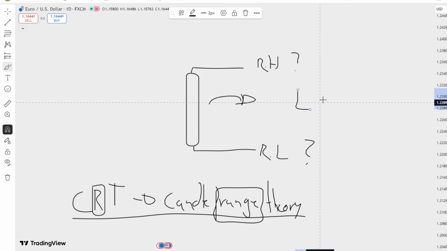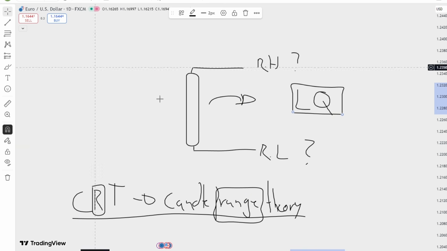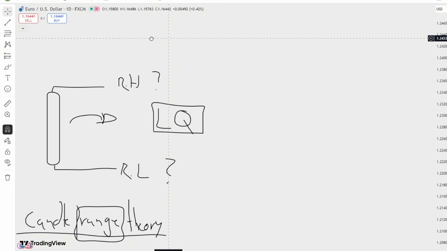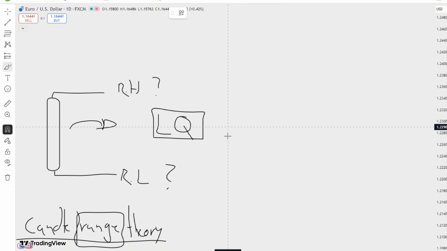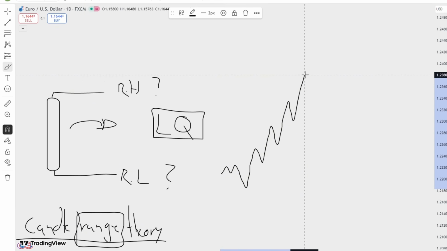You have liquidity, and liquidity is the fuel of the market. We're going in depth into liquidity in a few lessons from now, but all you need to know from here is, let's say we have the range of this.